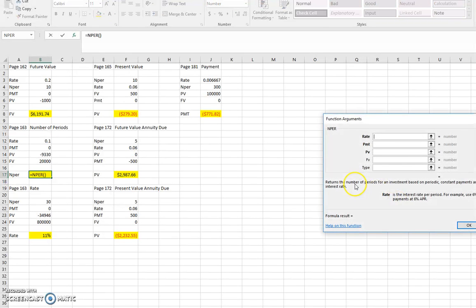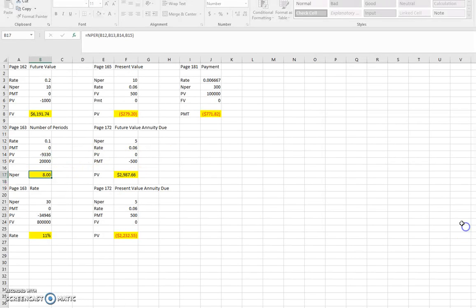Say OK there. Enter the rate as 10%. The payment was 0. You can leave it blank if you want on the payment, if we don't have one. Present value was the amount you invested, and the future value is how much you would have in the future. If I hit OK, it says it would take me 8 years to get to that, assuming this is an annual compounded rate.